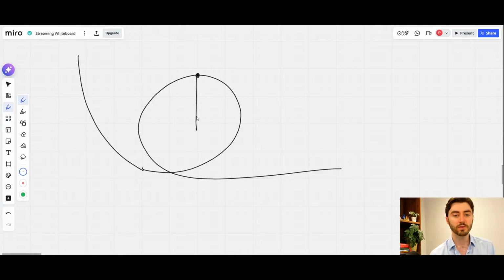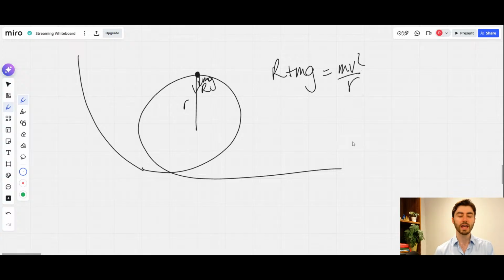So in this case, we have our radius again. At the top, we need to consider that we would have a reaction force acting down, and we would have the weight acting down. So both of those added together would be the resultant force equaling mv squared over r. And in the limiting case, that reaction force will go to 0. This will be the minimum speed.